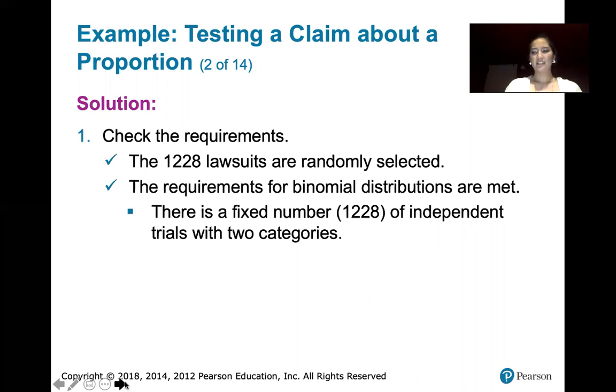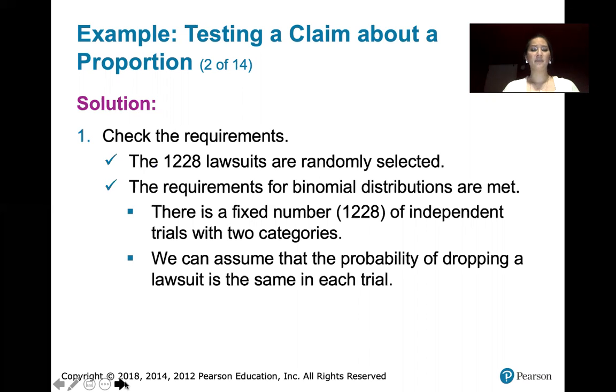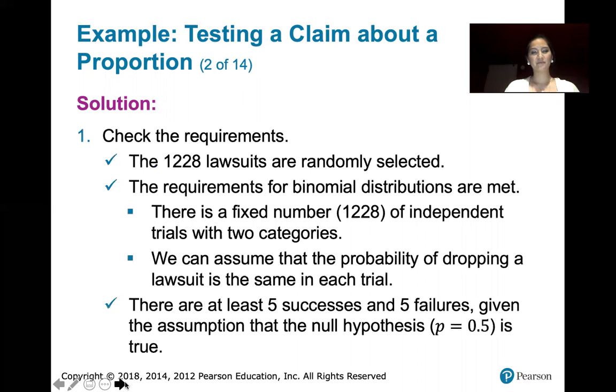Every trial, or every lawsuit, is either dismissed or pursued. So there are two categories, one which we'll call success and the other one which we'll call failure. And then we don't know this for sure, but we can assume that the probability of dropping a lawsuit is the same in every trial. Now, if the null hypothesis is true, that means the true population proportion is 0.5, which means half of medical malpractice lawsuits are dismissed, and the other half are pursued.